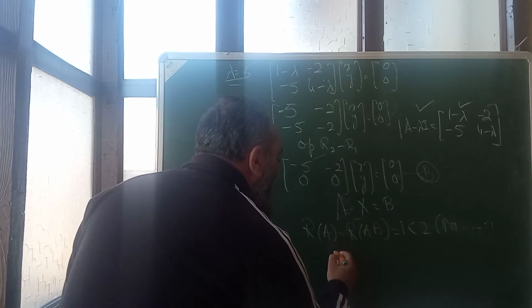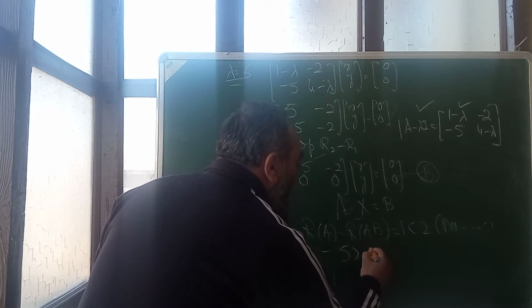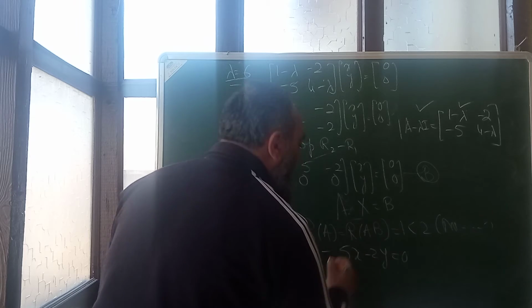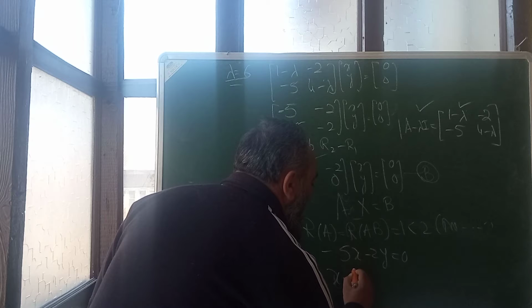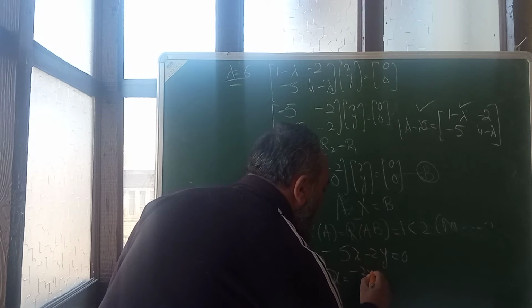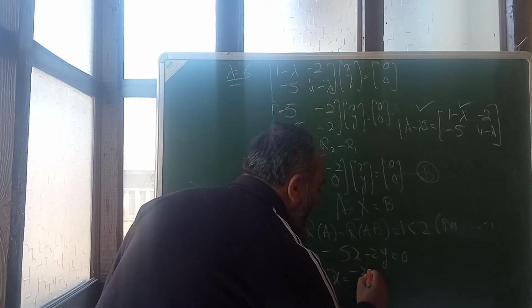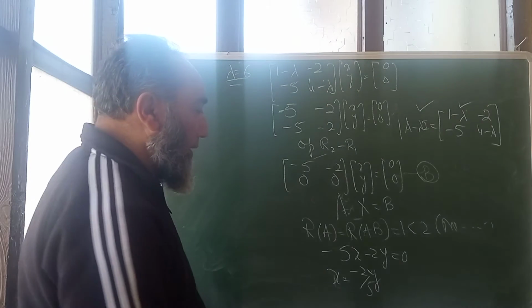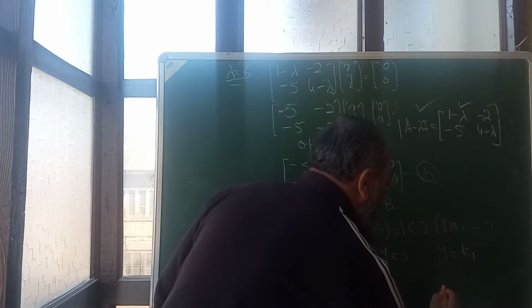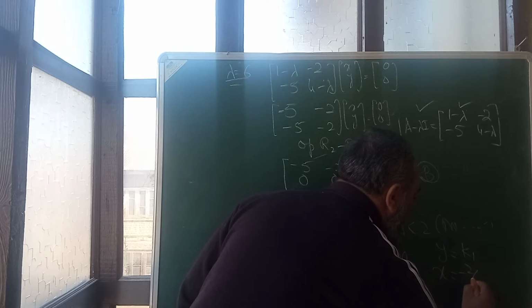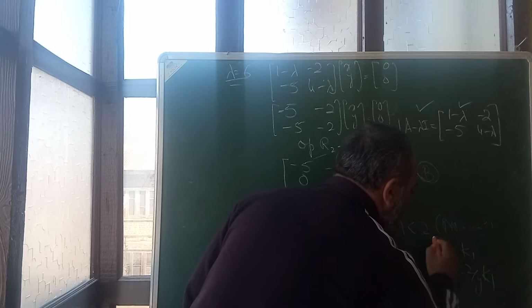From this we will have -5x - 2y equal to 0. So x is equal to -2y by 5. Okay, so let me suppose that y is k1. Then your x is -2/5 k1.